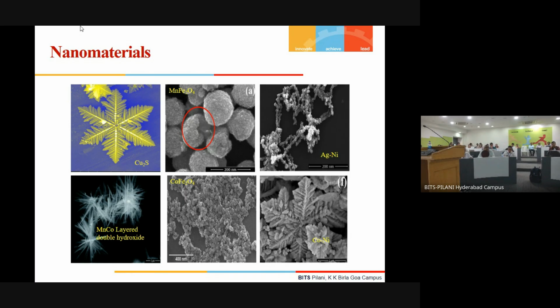We have a bead-like structure of silver nickel alloy. We have manganese cobalt layered double hydroxides with a needle-like structure, just randomly arranged with each other. We also have some spherical nanoparticles of cobalt ferrite.